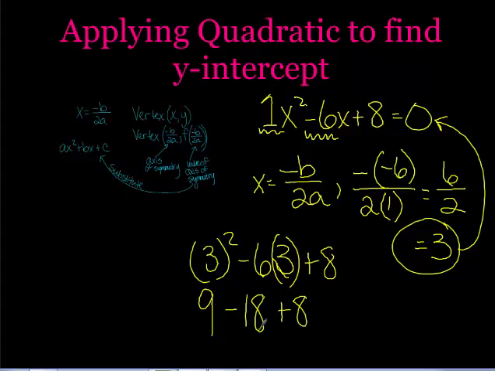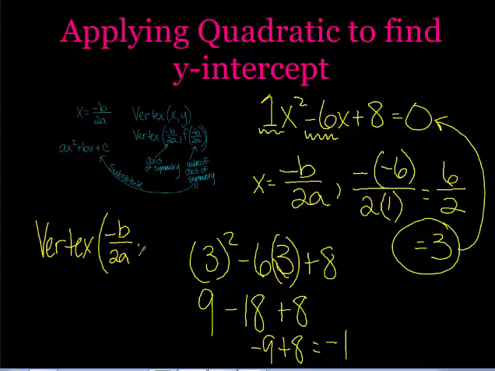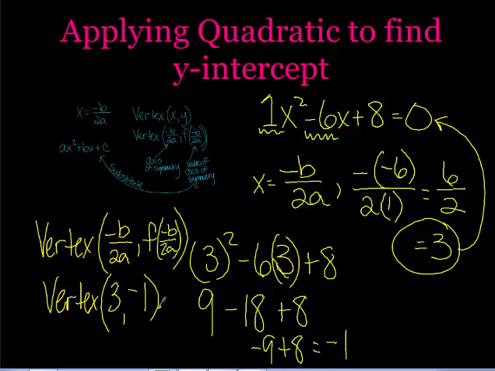So 9 minus 18 is going to give me negative 9 plus 8, and so the value is negative 1. So for our vertex, remember we just took the opposite of b over 2a and then substituted it back into our function. We get that our vertex, or our turning point of the parabola, is 3 comma negative 1. That's it.